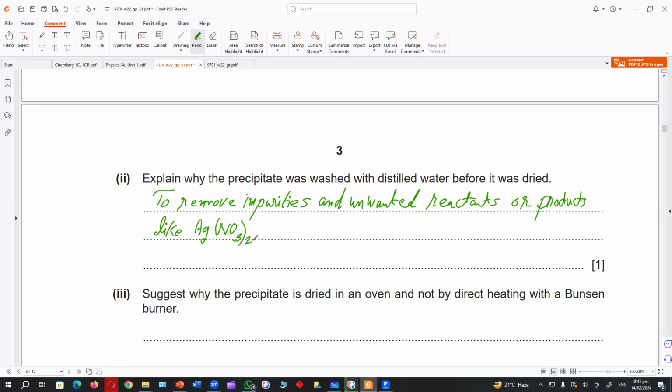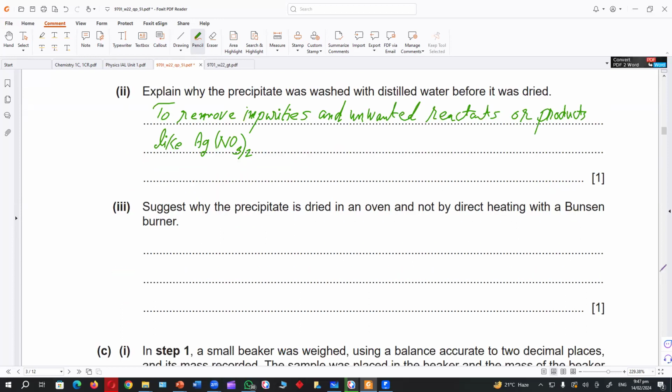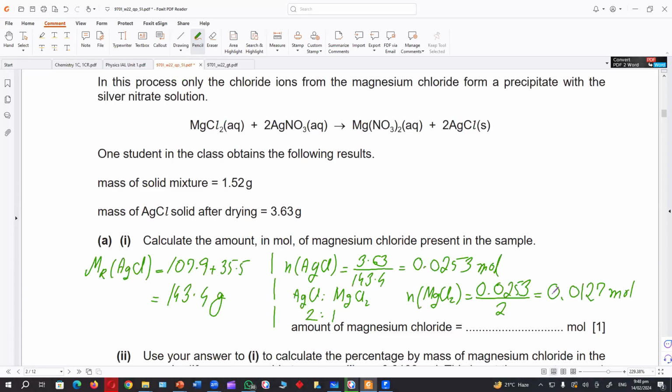Suggest why the precipitate is dried in an oven and not by direct heating with a Bunsen burner. Oven means that you are using a safety precaution, that there might be something which can decompose. Apparently there is nothing flammable. So I think it is not a safety precaution in that sense.